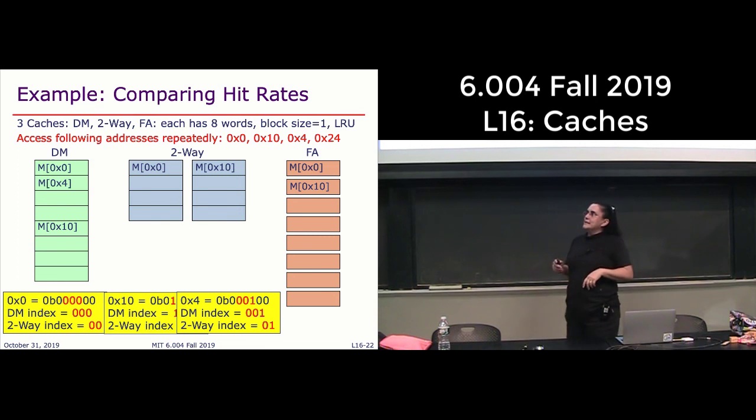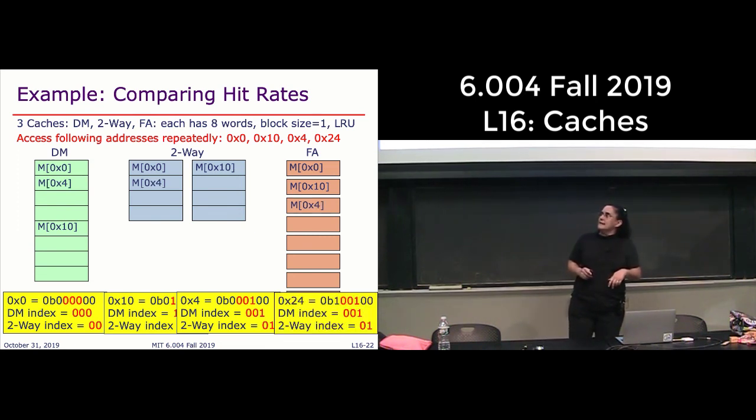If we fill in the rest of these values, what we find is that when we get to address 0x24, the index happens to be the same as the index of the 0x4 address for the direct mapped cache.